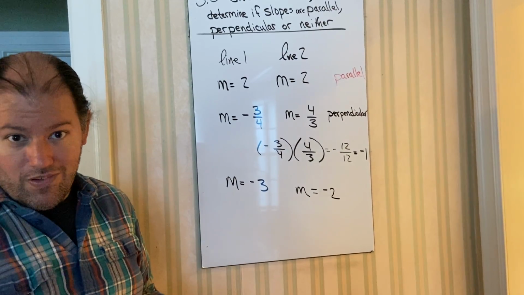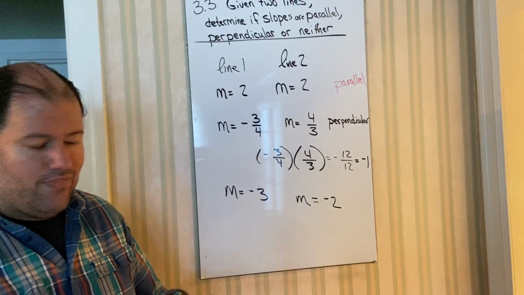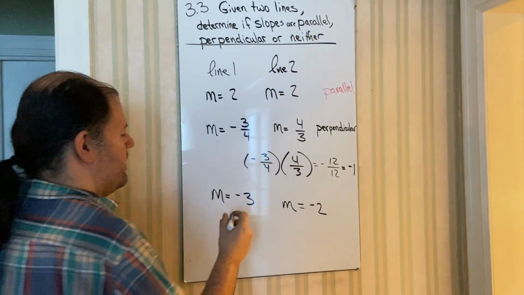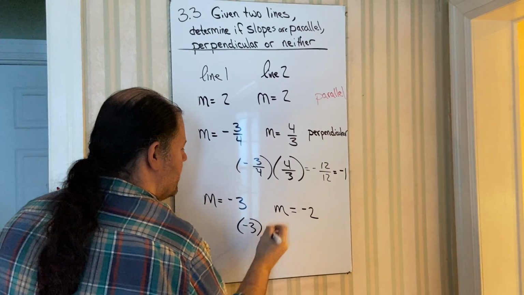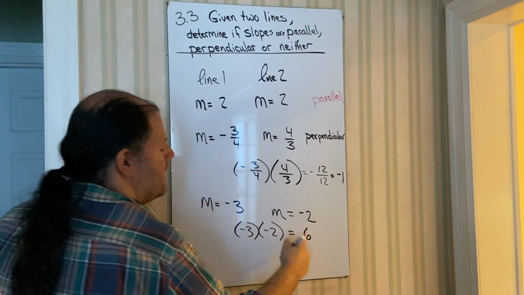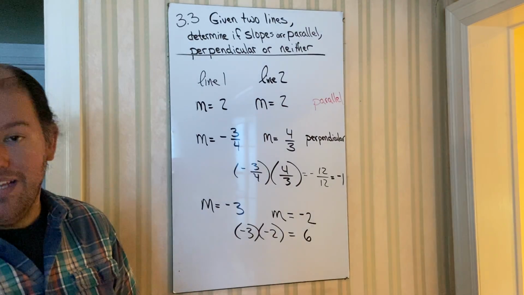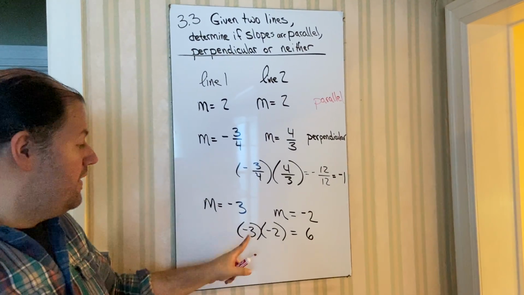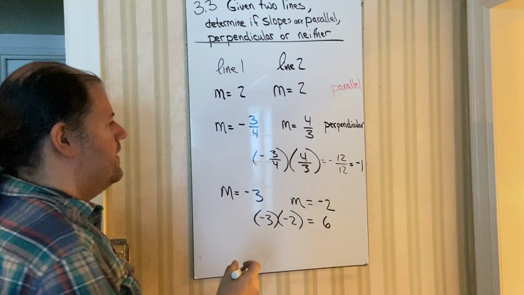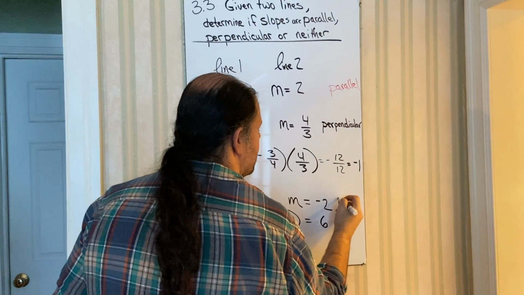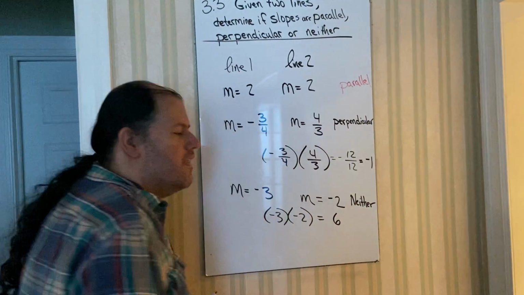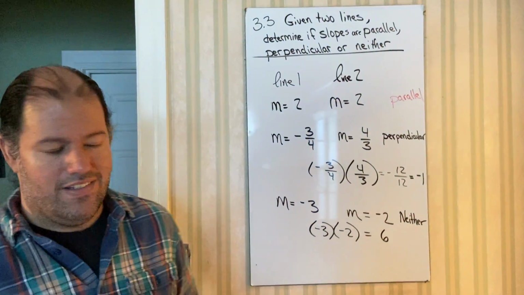If they are equal, then stop, say it's parallel. If the two slopes are not the same, then multiply the two, -3 times -2. If your answer is a -1, stop and say it's perpendicular. If you multiply the two slopes and you get any other number besides -1, then you have neither. Okay.